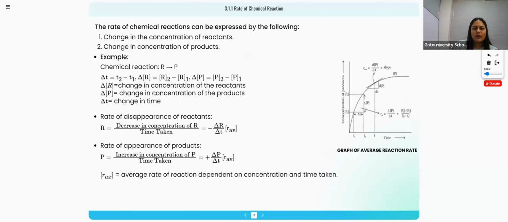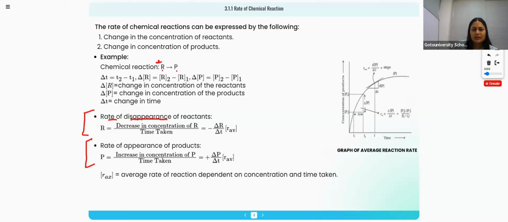Now there is one point you need to remember. If you see here, it is given as the rate of disappearance of reactants. Why is it written disappearance here? Because as the reactants are forming products, they are getting completely utilized.